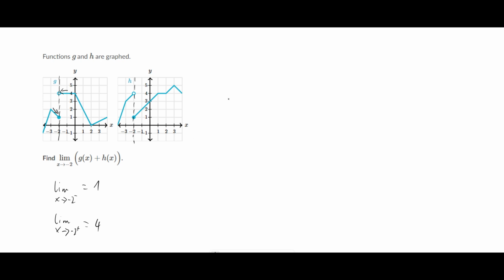Of course I forgot to put g of x here. Limit of h of x as x is approaching minus 2 from the left side. The left side will be value 4. And the right side, minus 2 plus, is approaching value 1.